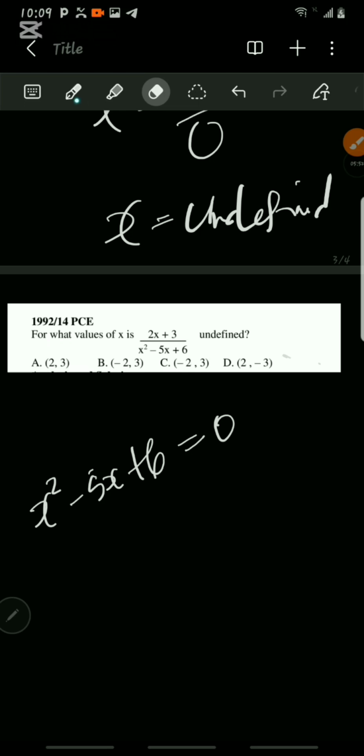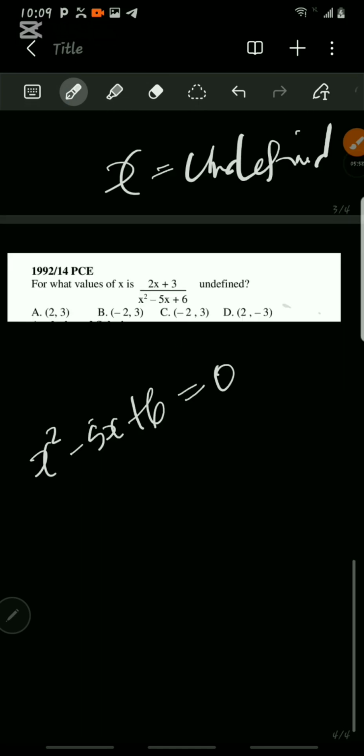So which means we have to solve this using any of the methods for solving quadratic equation. But I would love to use the factorization method, right? And I believe we all understand how to use that. So to solve this question, we multiply the first leading term here and the last term, that is x squared multiplied by 6. That's giving us 6x squared, right? So I'm looking for two numbers that when I multiply together, I'm going to get 6.